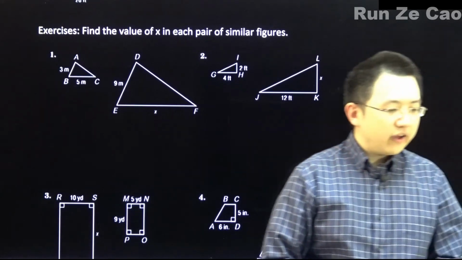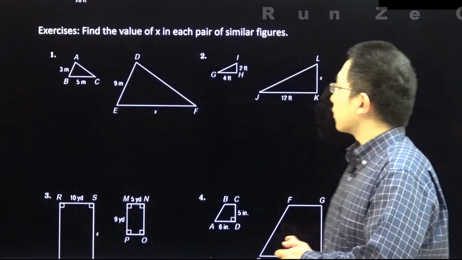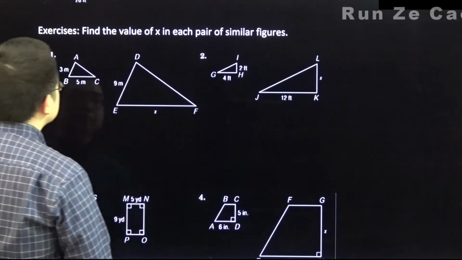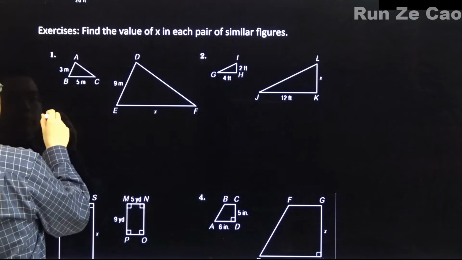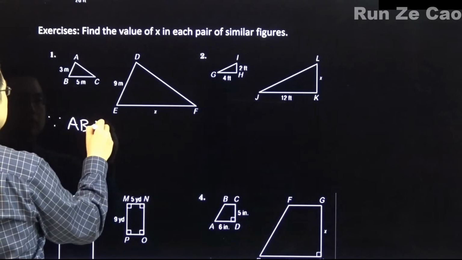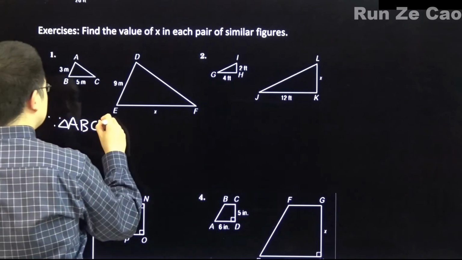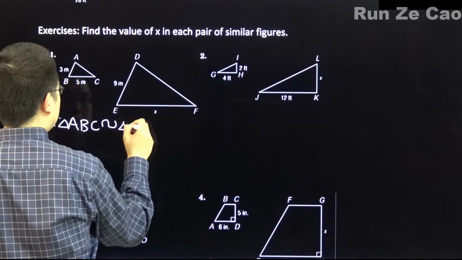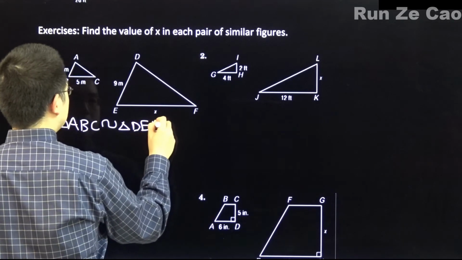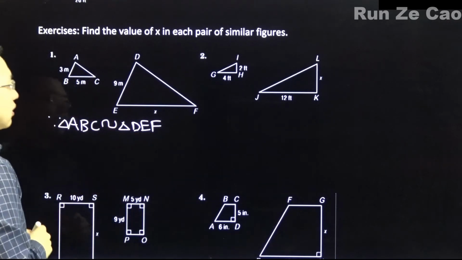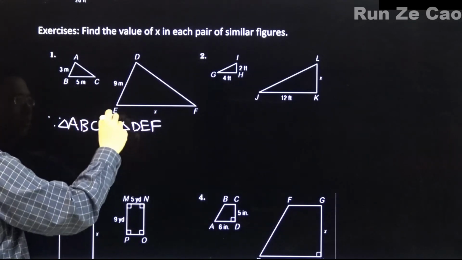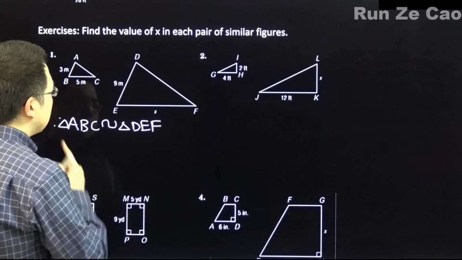Exercises. Find the value of x in each pair of similar figures. Well, we're told that these are similar. So because triangle ABC is similar to triangle DEF, please note that the similarity symbol, I've seen it written in both ways, like which end of the squiggle comes first, up or down.